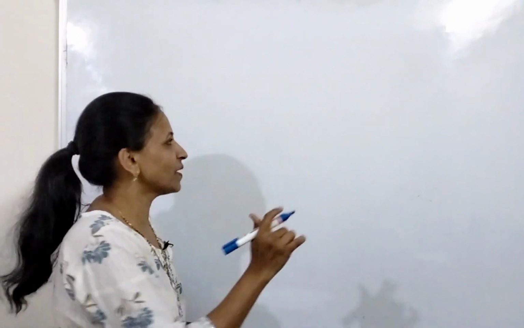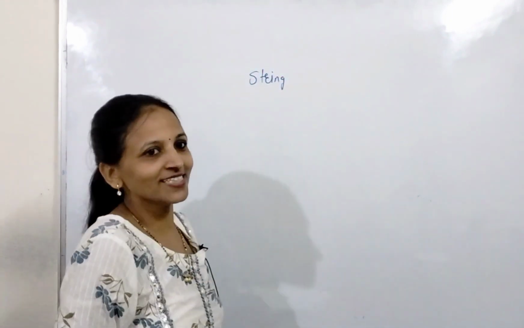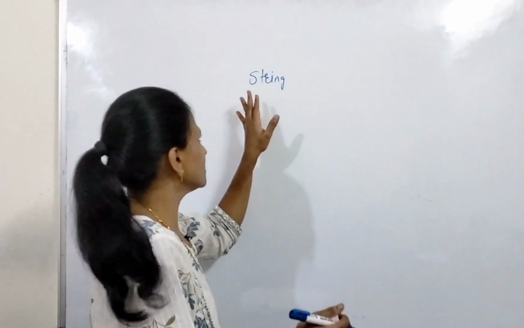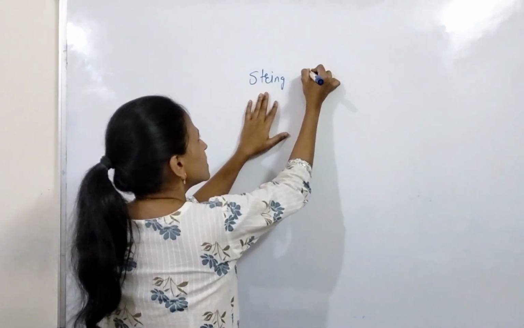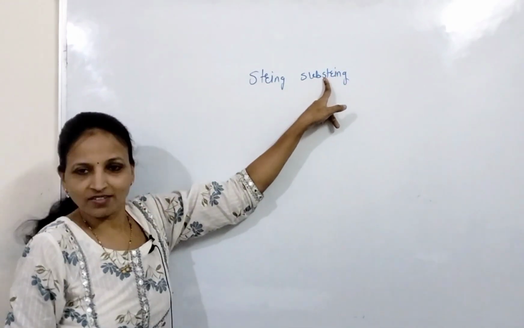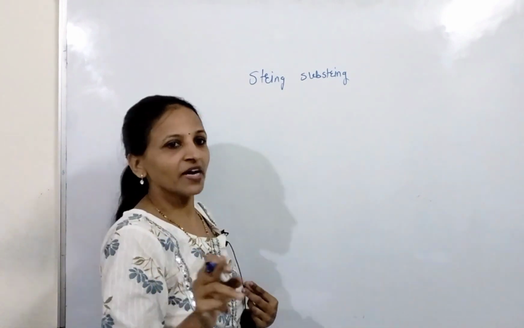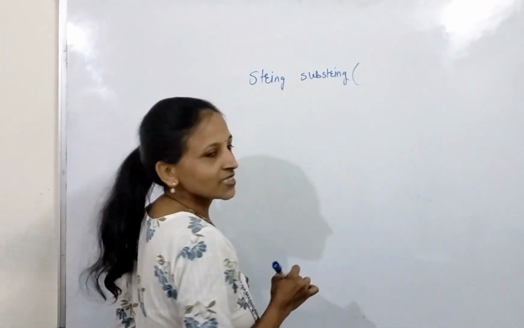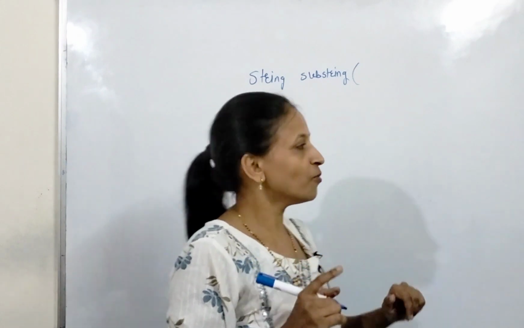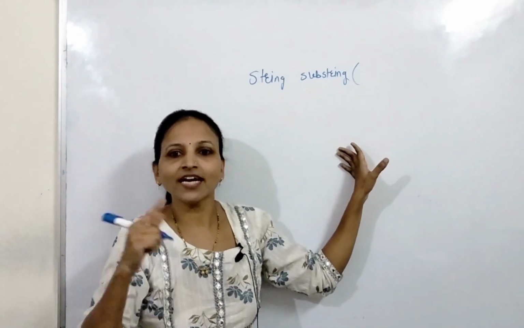Now next one is the simple substring. Substring means part of a string. It will return a string, because a substring is again a string. The method name is substring, where the s is small, and here you have to pass an index. One form of this substring takes the begin index only, and the second form takes both begin and end index.